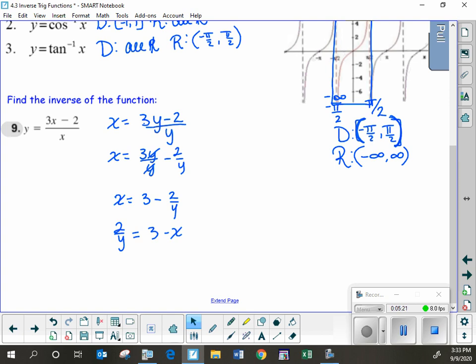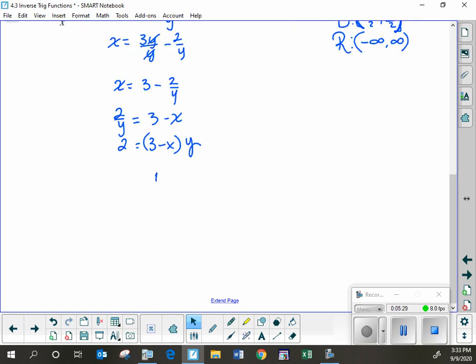And then I'm going to multiply by a y. And then I'm going to divide by 3 minus x. And there is the inverse function. Just switch your x, y's and solve for y.